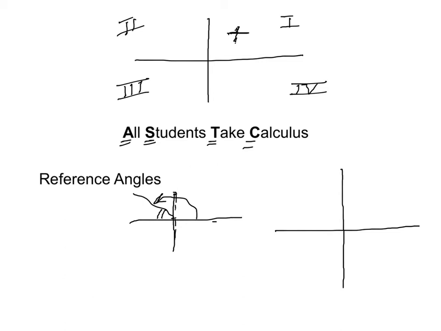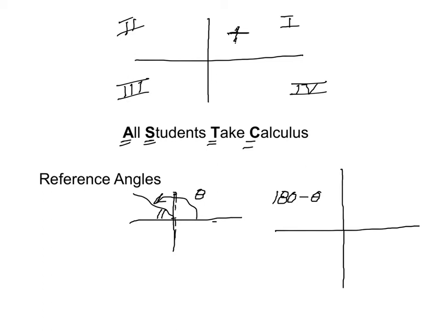Well, the reference angle is simply equal to 180 minus the angle theta, okay? And remember, this is the angle theta right here. So in the second quadrant, it's greater than 90 degrees, but it's less than 180. So the reference angle is simply equal to 180 minus theta.